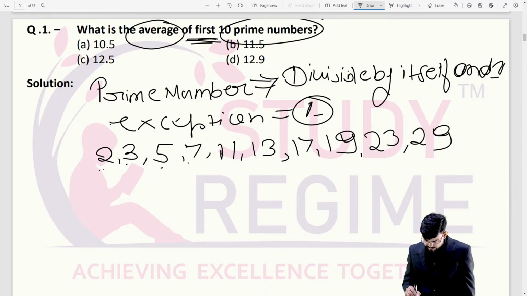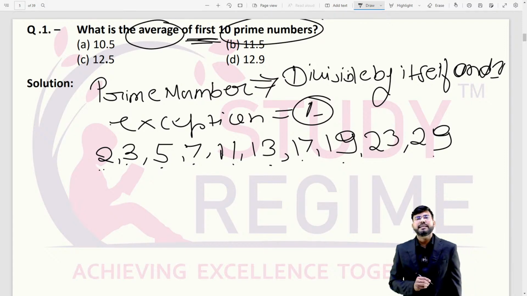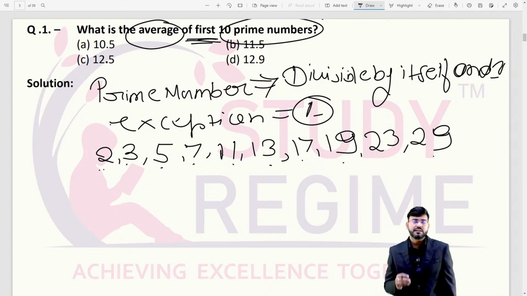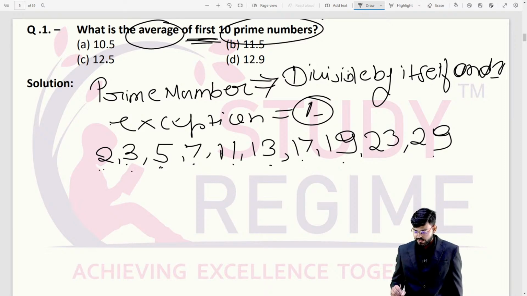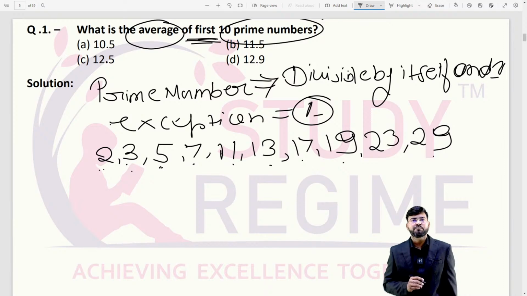Counting: 1, 2, 3, 4, 5, 6, 7, 8, 9, 10. So here we have written 10 prime numbers, starting from the first: 2, 3, 5, 7, 11, 13, 17, 19, 23 and 29. These are the first 10 prime numbers which we have got.